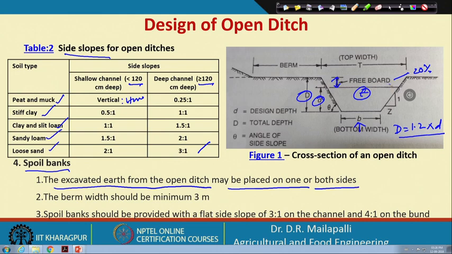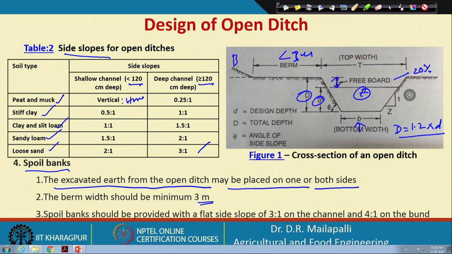Whatever excavation you are taking will be kept on one side, and the berm width should be minimum 3 meters. At least minimum 3 meter berm width is expected, and spoil banks should be provided with flat side slopes of 3:1 on channel side and 4:1 on berm side.